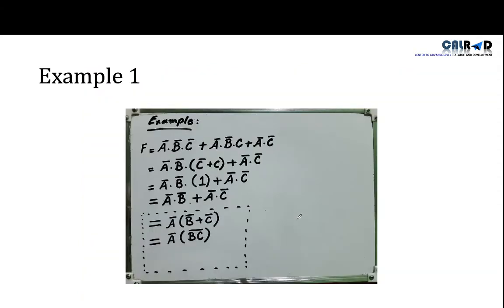Let's start with example 1. Consider that this is the example given to you. Whenever an equation is given to you like this and you are asked to simplify it by using Boolean rules, you have to do it step by step.